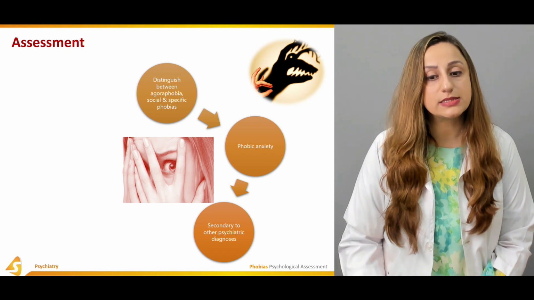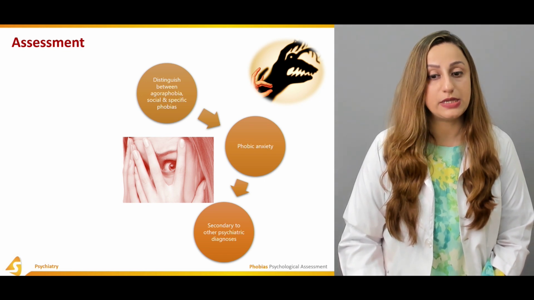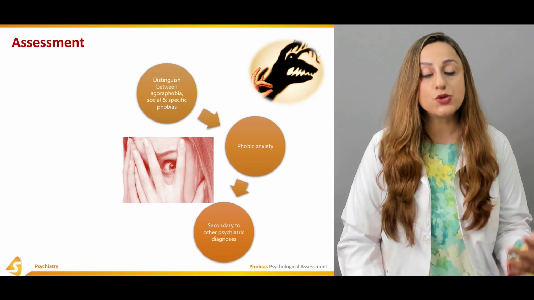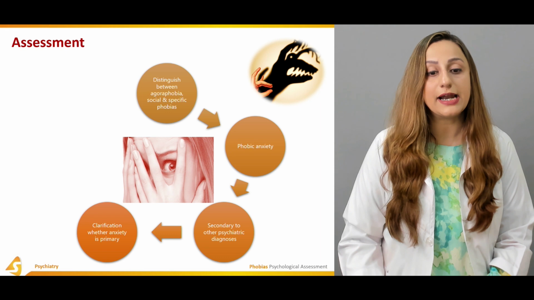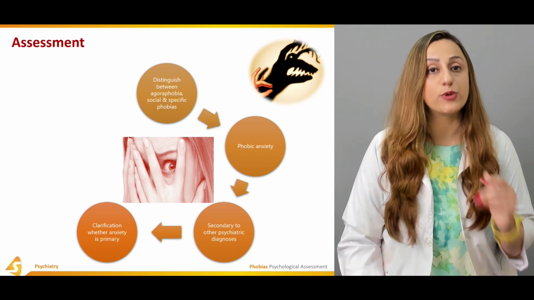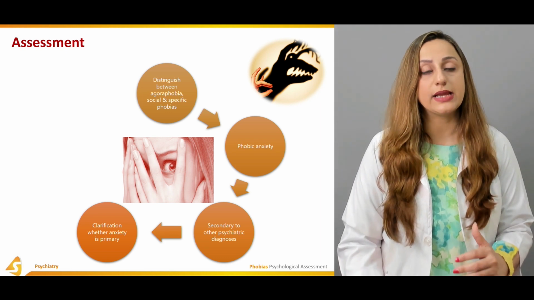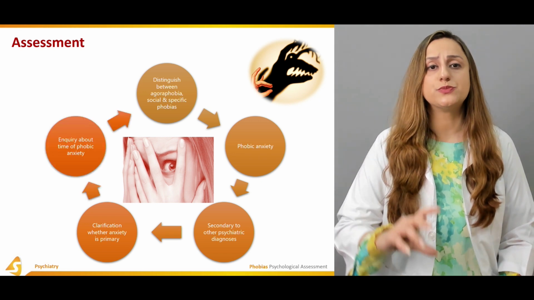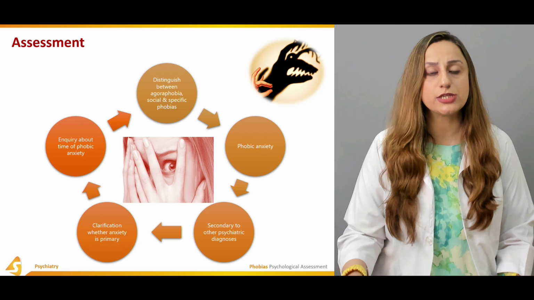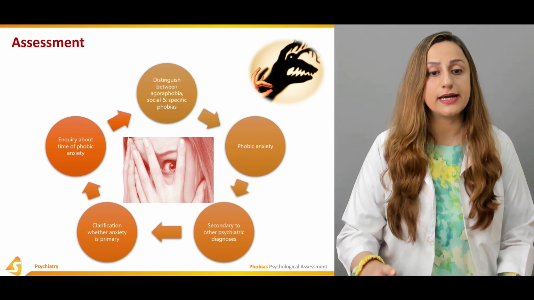Then, secondary to other psychiatric diagnosis, it's again very important over here to diagnose the other psychiatric ailments that the person can be suffering from, and the clarification whether the anxiety is of the primary kind or of the secondary kind, secondary to another psychiatric ailment. It can be due to some delusion, or some hallucination that he develops that panic attack.